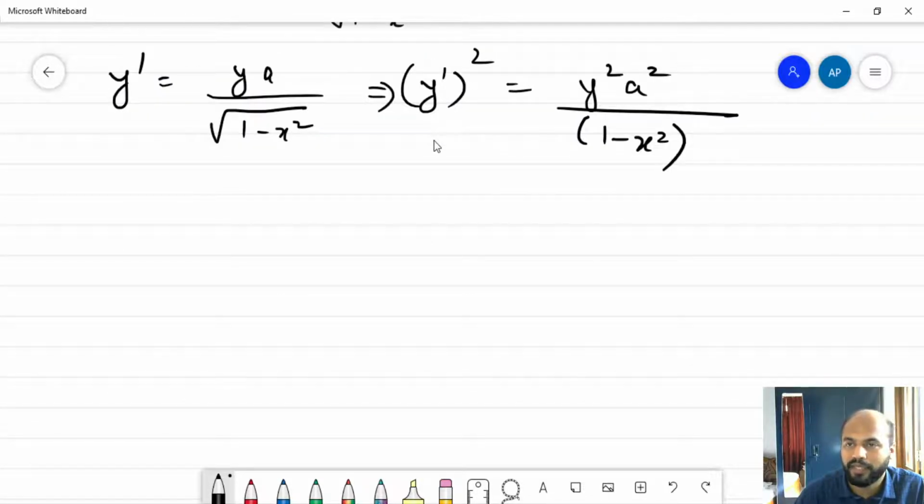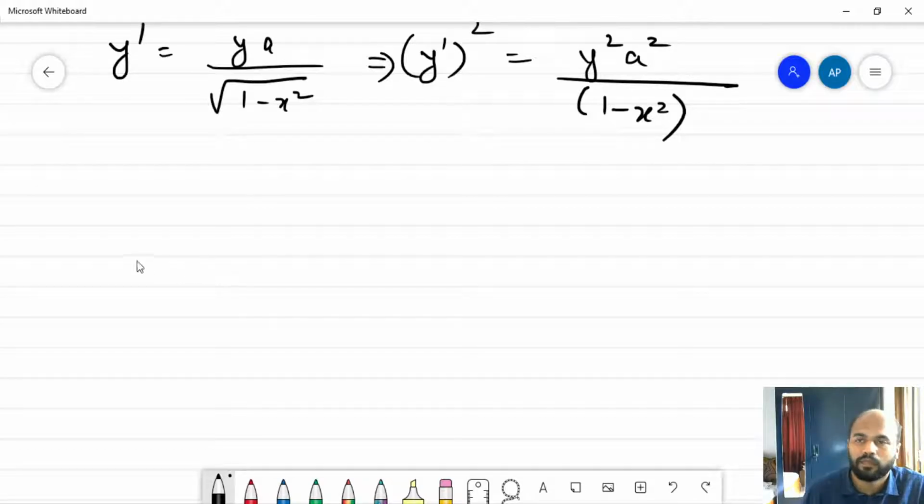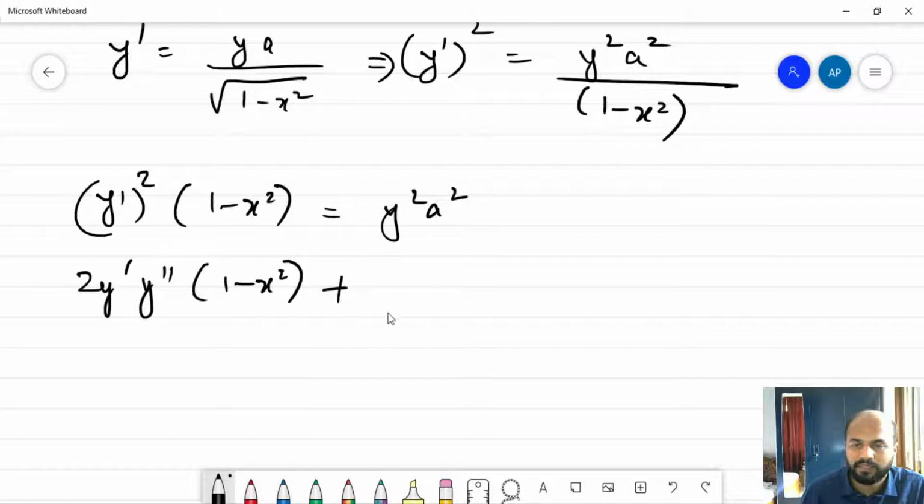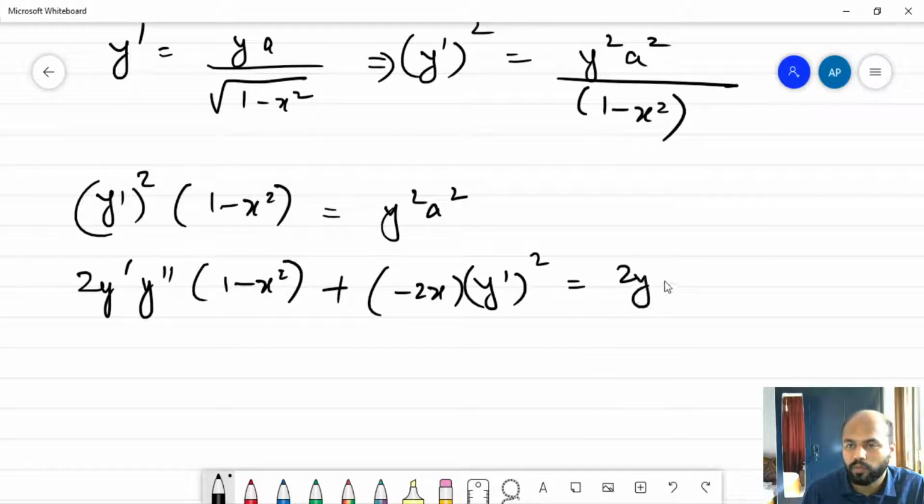Doing which, what we get is y dash square into 1 minus x square is equal to y square a square. So 2 y dash y double dash into 1 minus x square plus minus 2x into y dash the whole square is equal to 2y dash 2y y dash a square.